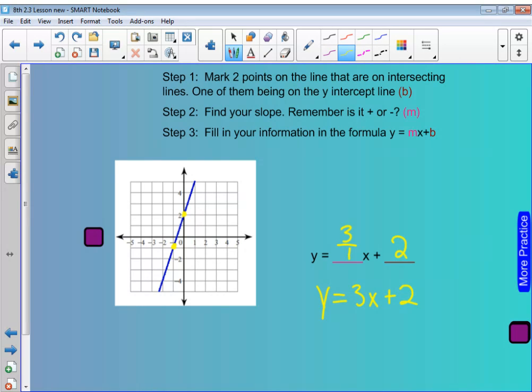Your final answer on this would be y equals 3x plus 2, because 3 over 1 would reduce to 3x.